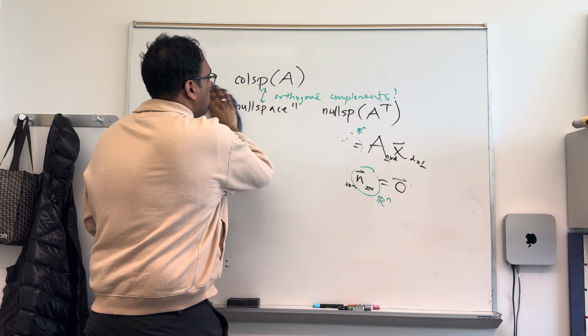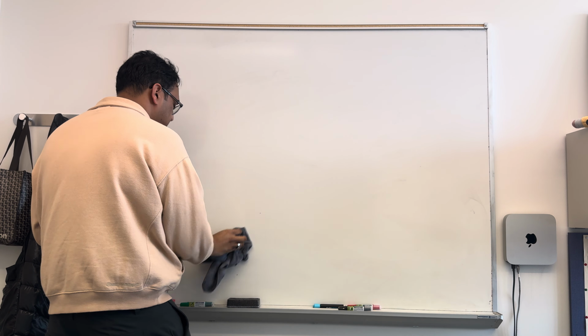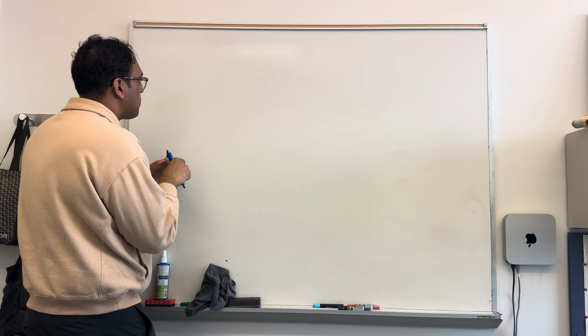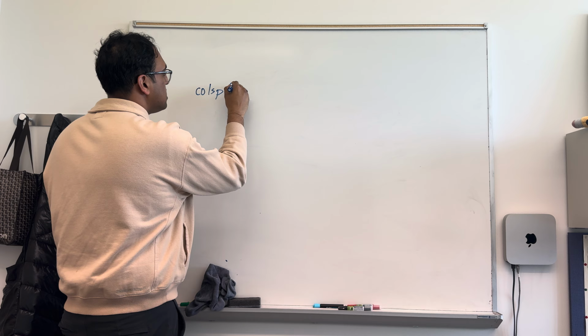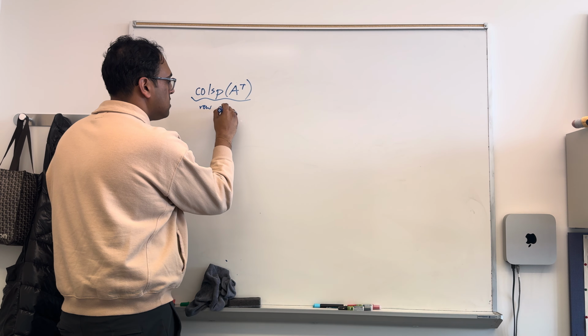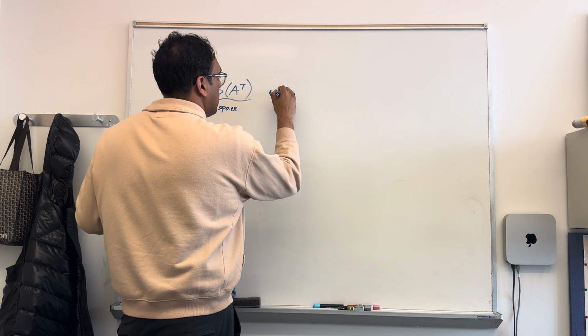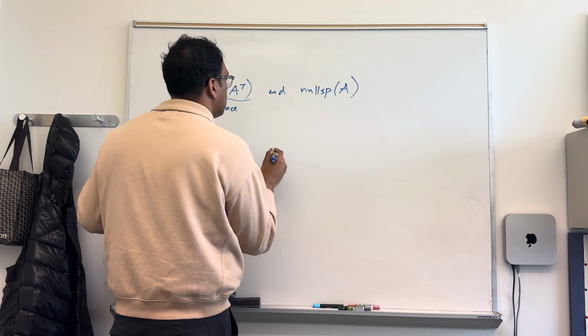What we've shown are two pairs of orthogonal complements. So the first pair we saw was that the column space of A transpose, i.e. the row space, and the null space of A are orthogonal complements.